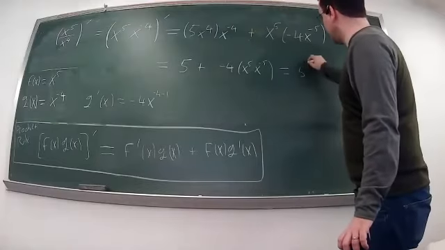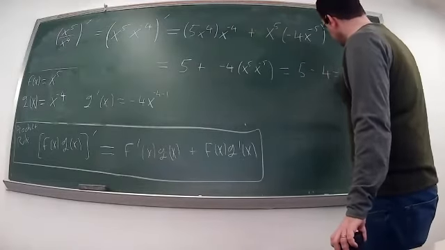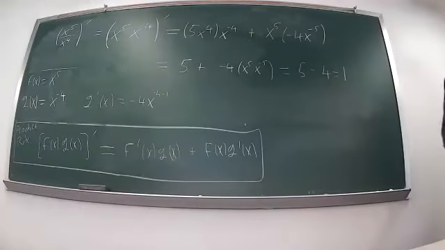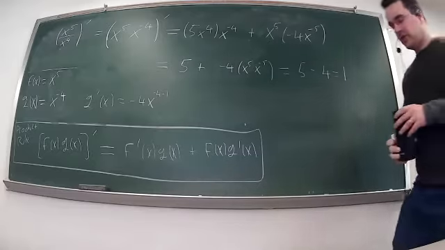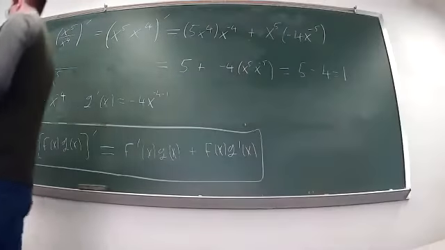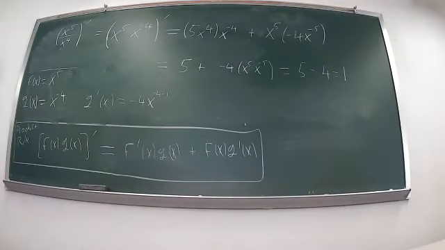So you end up with 5 minus 4 equals 1. So yes, that's a really convoluted way of recovering the fact that the derivative of x is equal to 1. But it shows that all of these rules are correct. It shows that you can use the power rule and the product rule, or you can do algebra first.